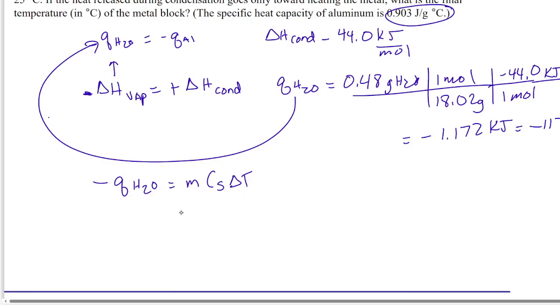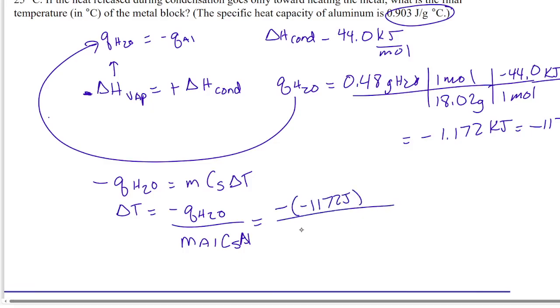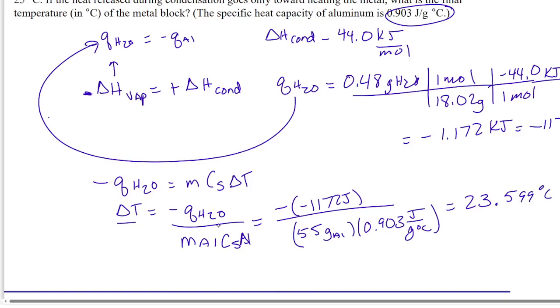So we can solve for delta T by dividing the negative Q for the water by m C sub S. So delta T is equal to negative Q for the water divided by m for the aluminum times C sub S for the aluminum, which is equal to negative 1172 joules divided by 55 grams for the aluminum times 0.903 joules per gram per degree C. And so that's equal to 23.599 degrees C. So that's our delta T.